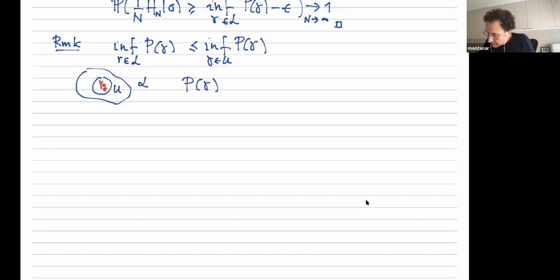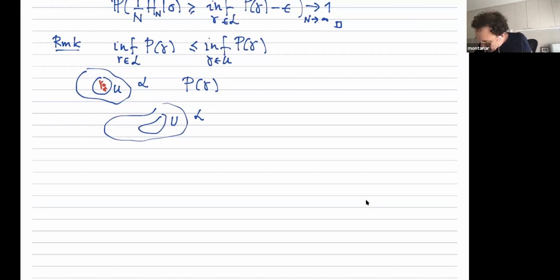If instead, the second scenario, okay, this is L and this is U, and I draw them like that, but they're really convex sets, right?